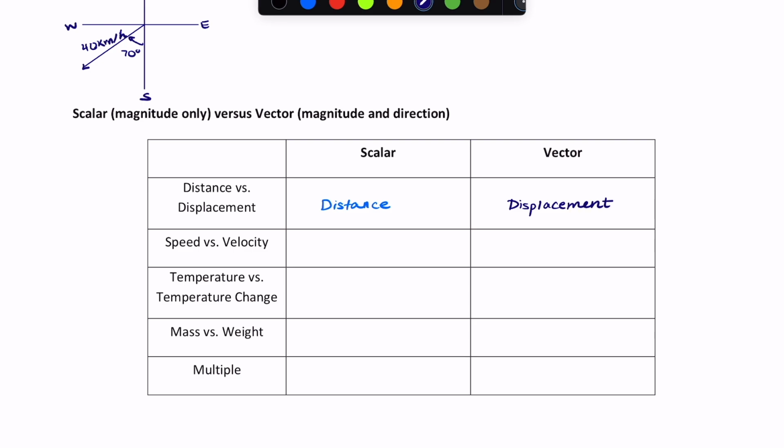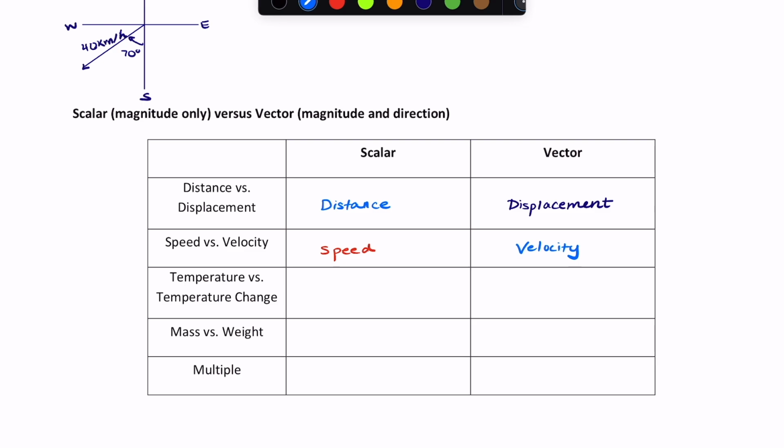When we think about speed versus velocity, speed is our scalar quantity, and velocity is our vector quantity. And then temperature versus temperature change.